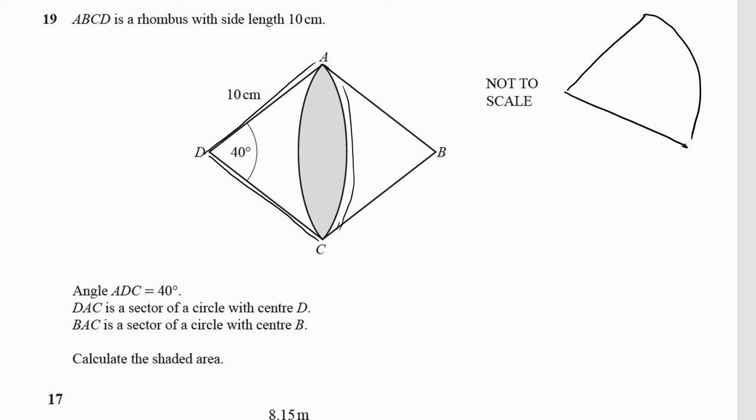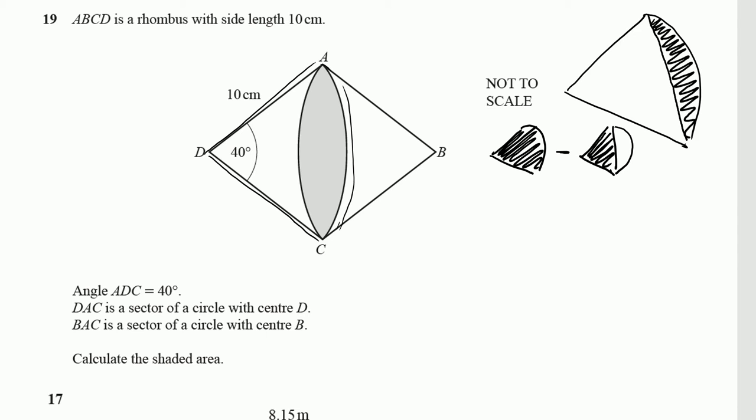Now, I can work out this shaded area in here by doing the area of the whole sector and taking away the area of this triangle formed by cutting straight across that line there.